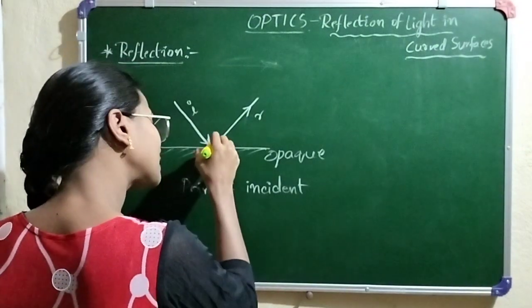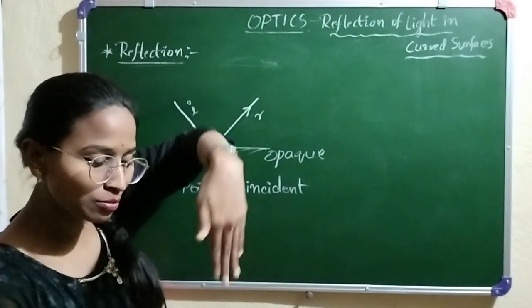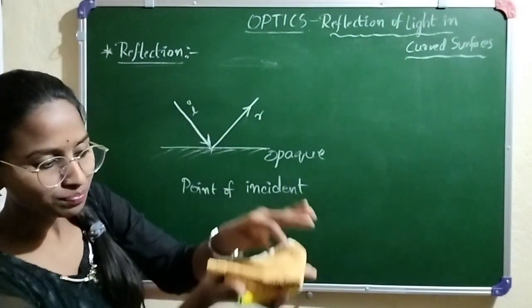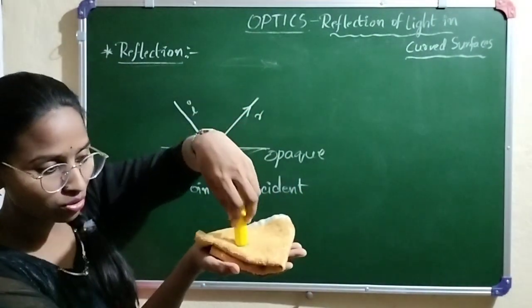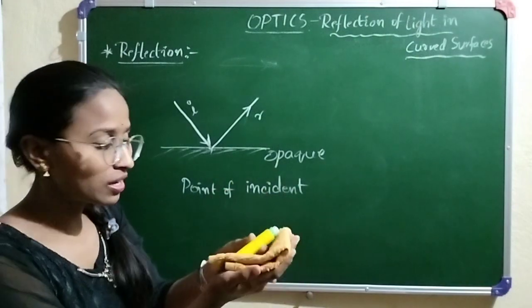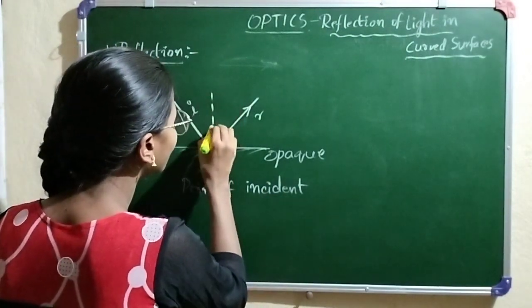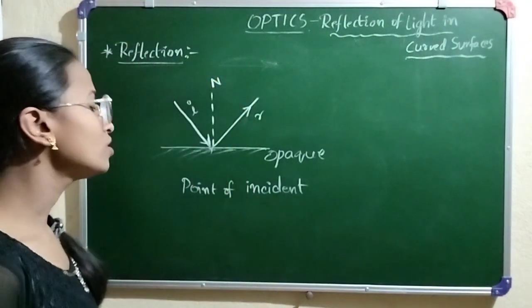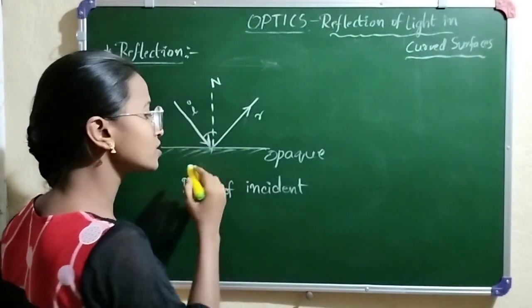Suppose this is a plane. Exactly perpendicular to this plane, at the point of incident, we draw a line. This is called the normal line, N.